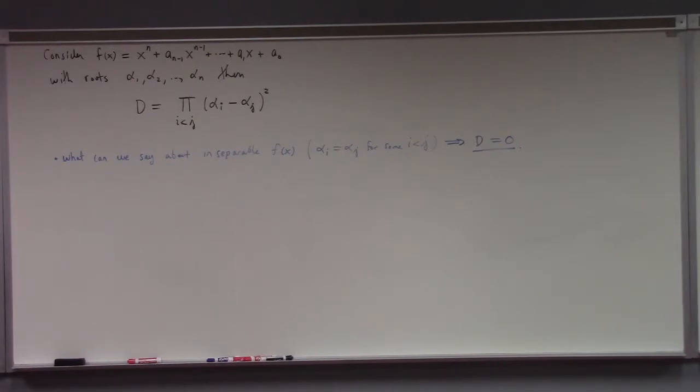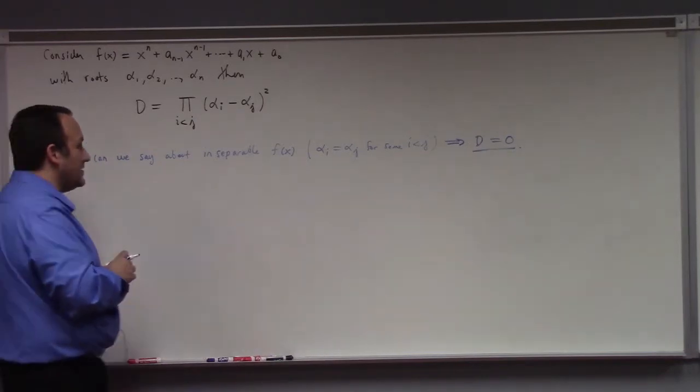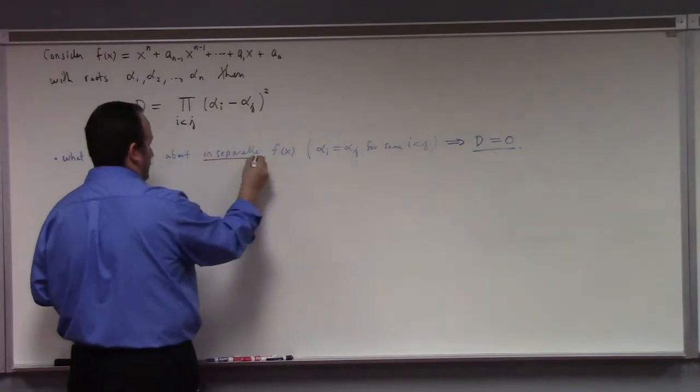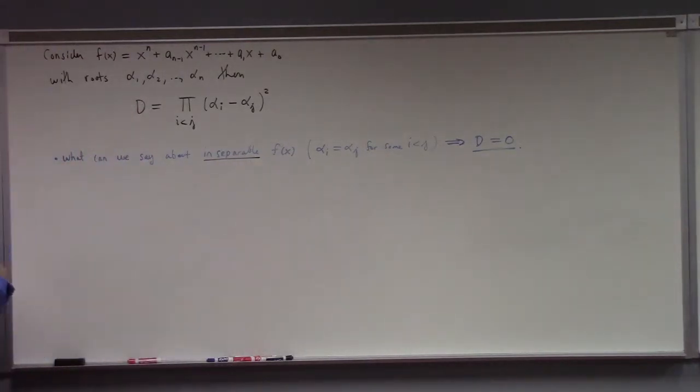Where does the alpha i equals alpha j come from? Because I know that if it's squared, then that's a repeated root. Right. So the roots we're listing, possibly, if we had a double root, we'd list 2 of them. So it's not a distinct list of roots.